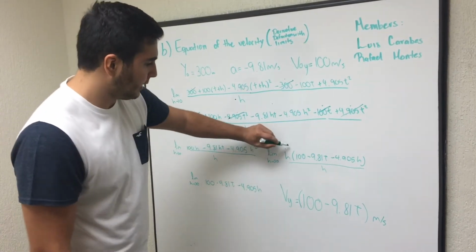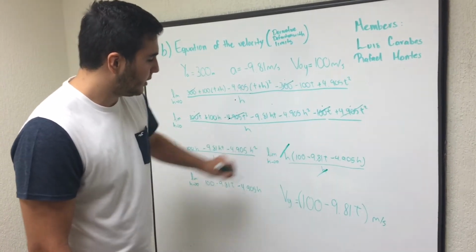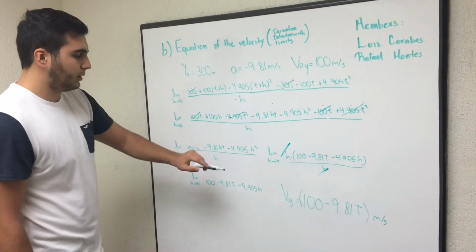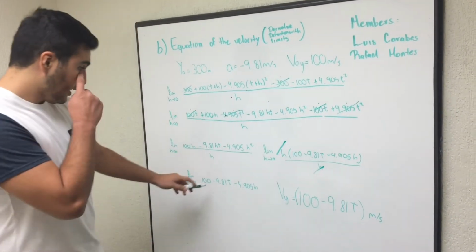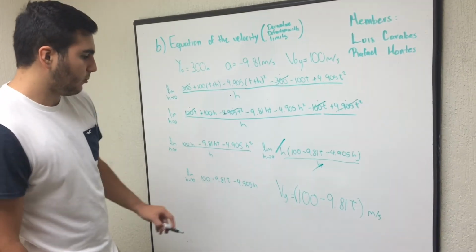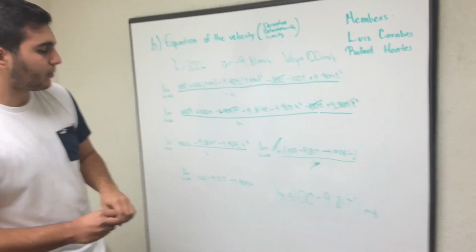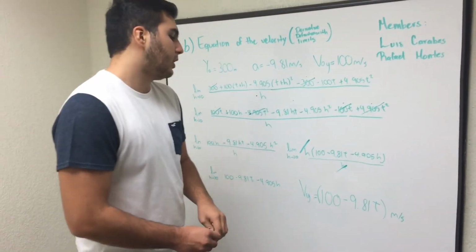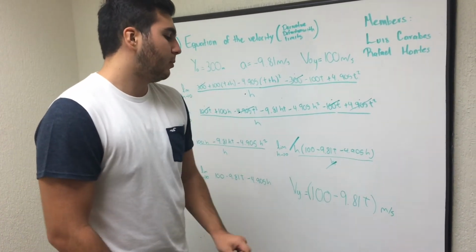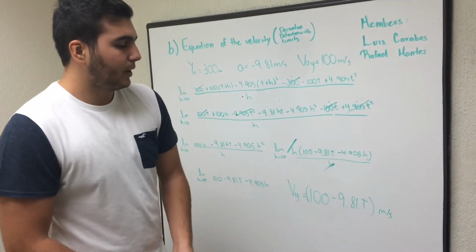So we eliminate the h with the h in this part, and the only thing that we have are the values that we had in this part. Having this, we can get our v, that is equal to 100 minus 9.81t meters over second.